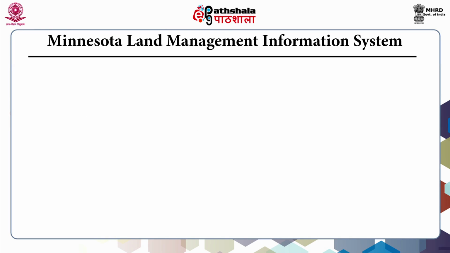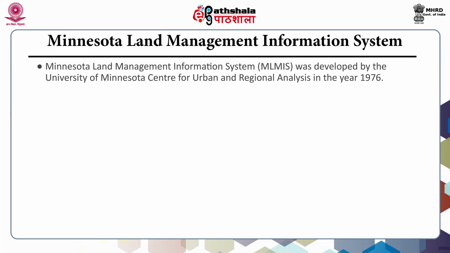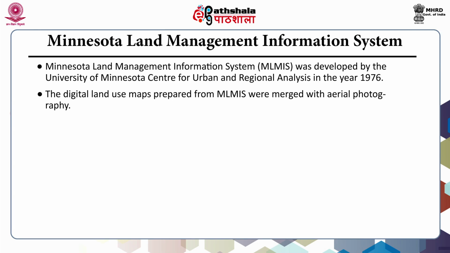Further, coming to the Minnesota Land Management Information System. The Minnesota Land Management Information System, MLMIS, was developed by the University of Minnesota Center for Urban and Regional Analysis in the year 1976. The digital land use maps prepared from MLMIS were merged with aerial photography.